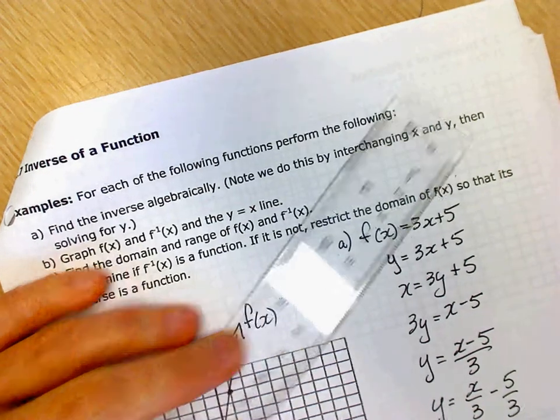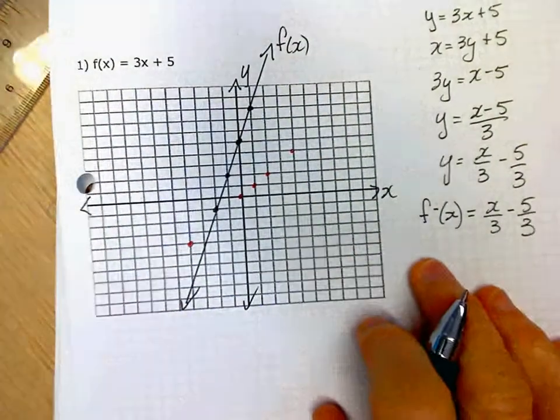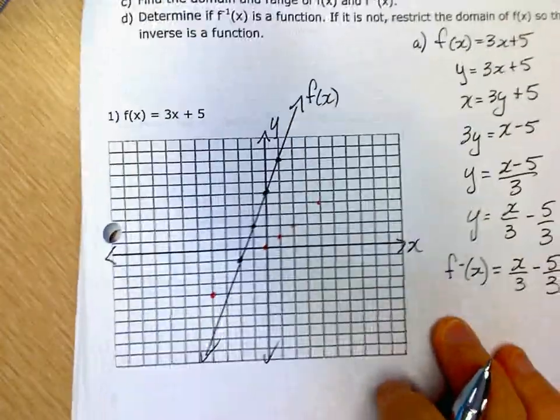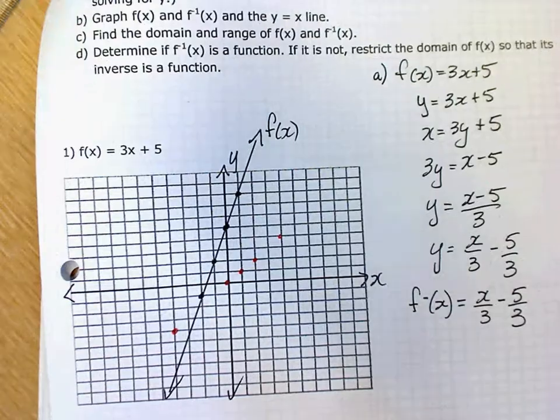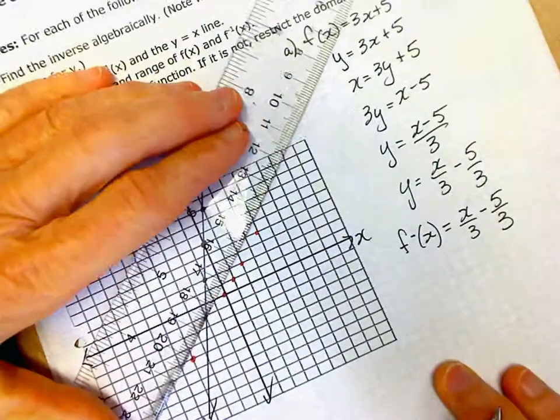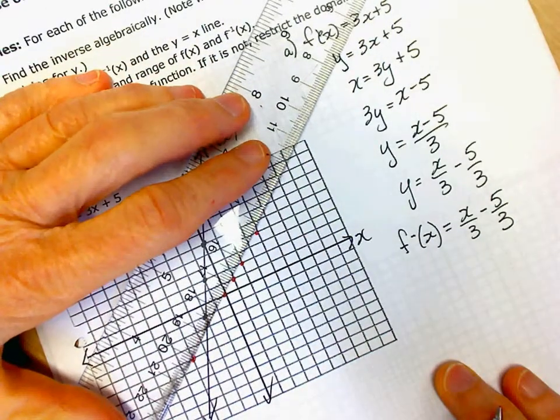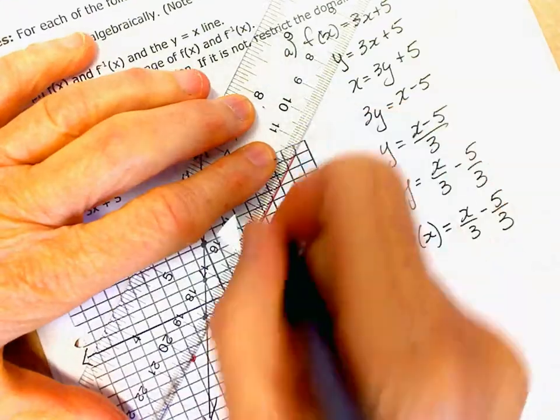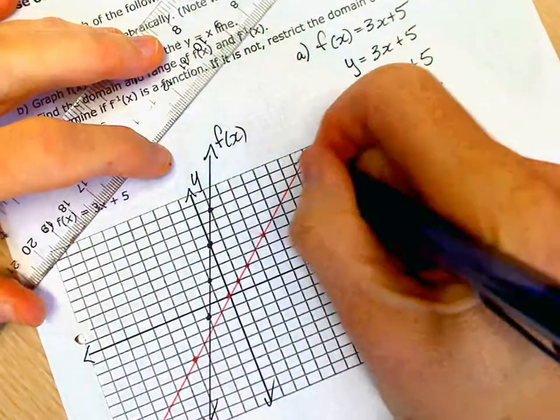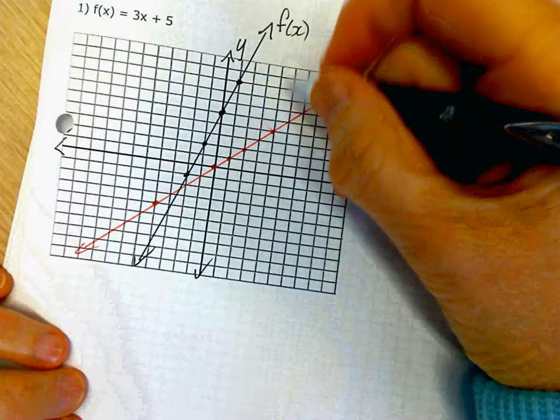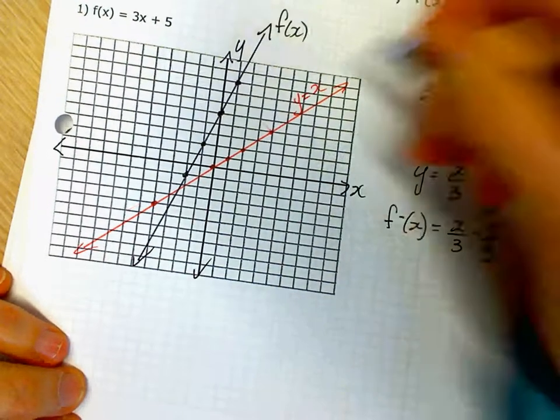I'm sorry. Here, I'll put this up. Thank you for pointing that out. So I'll just draw this guy here. There's my y equals x line.